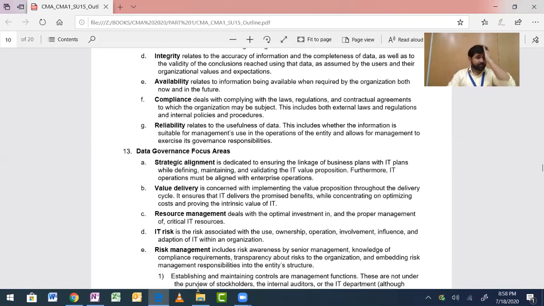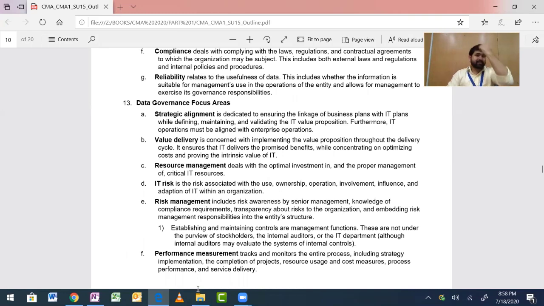Data governance focus areas. So what are the areas which data governance is going to focus on? See, strategic alignment. The data which we are providing should be aligned to the strategic management level; strategic, tactical, operational, all of that was there, right? So the data should match with the strategic focus of the company itself. All right, whatever we have decided, it should be according to that.